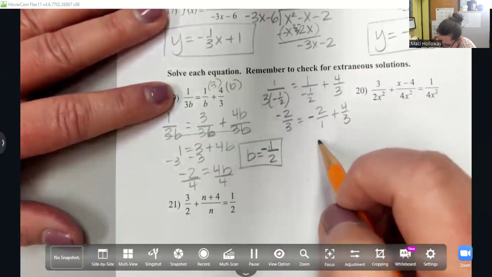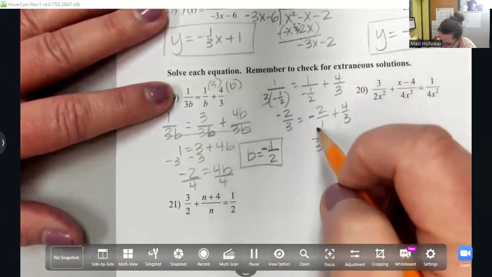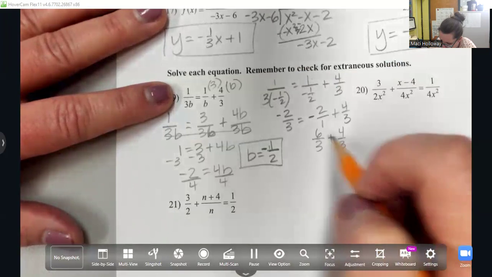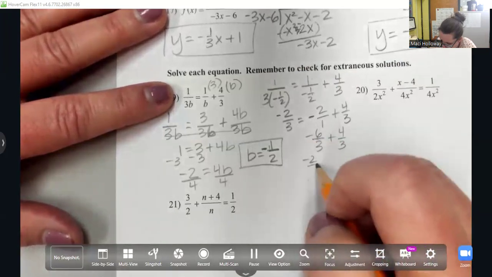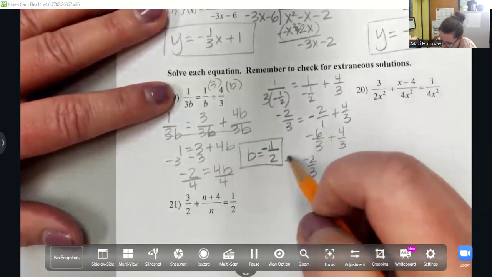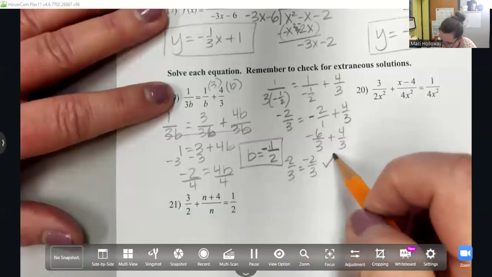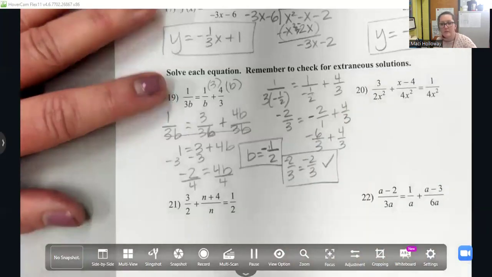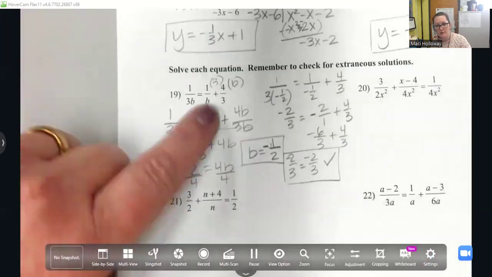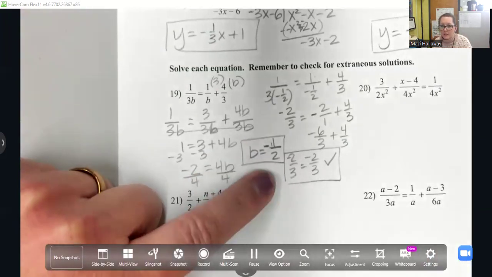Let's see what this is. That should be negative 6/3 plus 4/3, negative 2/3. All right, so it checks out. So when you're doing your test, this is what you want to see. You want to see the work for the equation and then the check here.